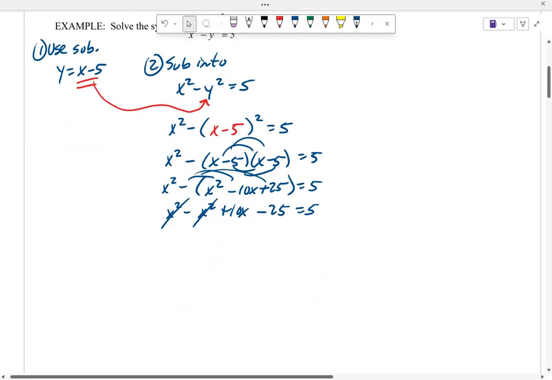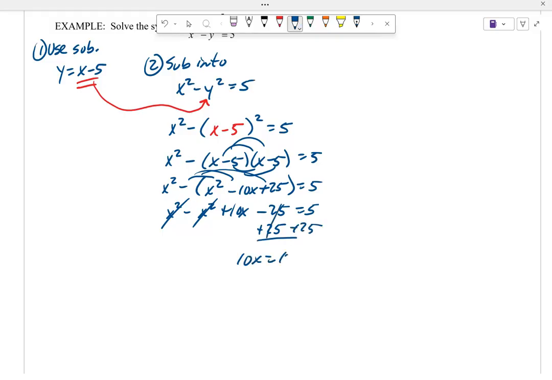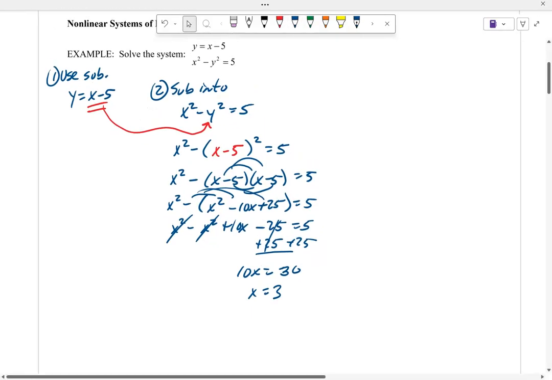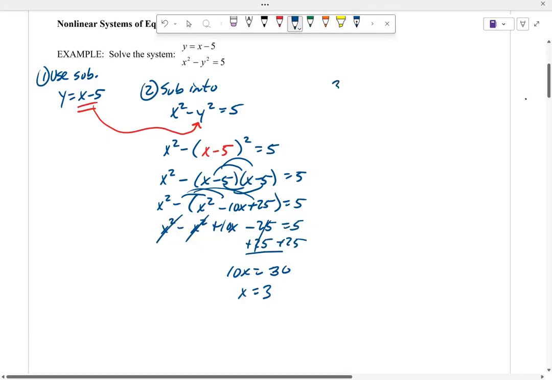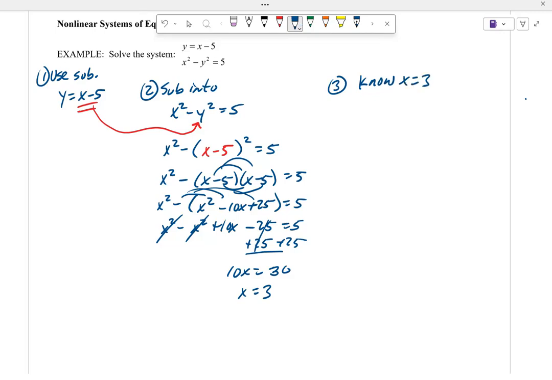We're just solving this for x. So we'll go ahead and add 25 to both sides. We get 10x equals 30. 30 divided by 10, and so we get x equals 3. So now we know x equals 3.